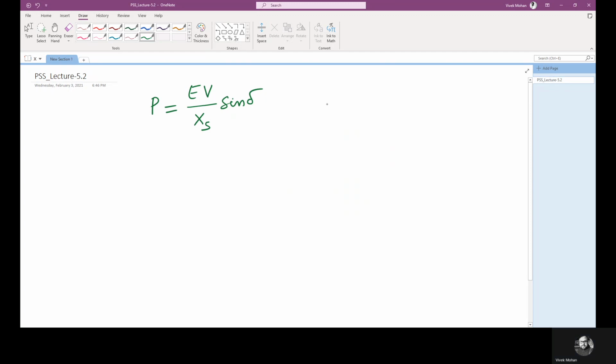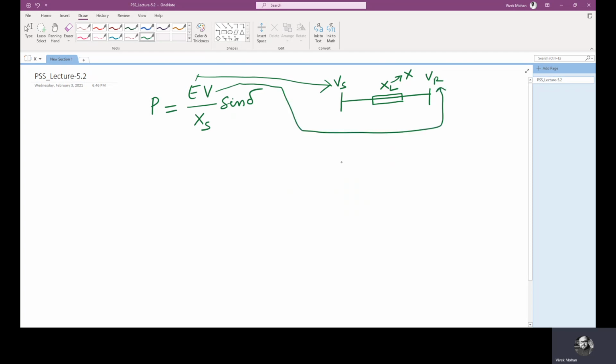Now, in a power system, we have line reactance, a sending end voltage Vs, and a receiving end voltage Vr. Let the line reactance XL be X itself. So in place of E, it will be Vs, and in place of the terminal voltage V, it will be Vr.